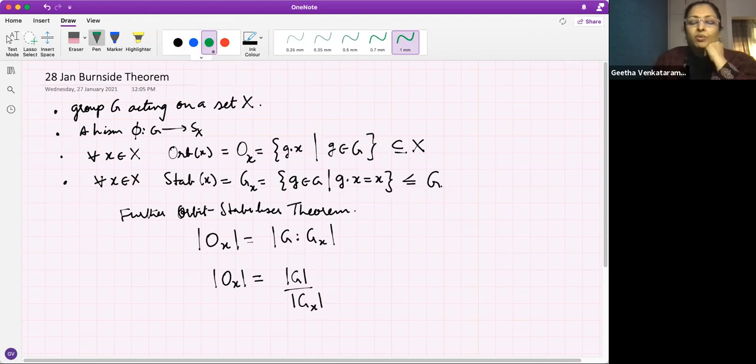So this was what we called the orbit-stabilizer theorem.